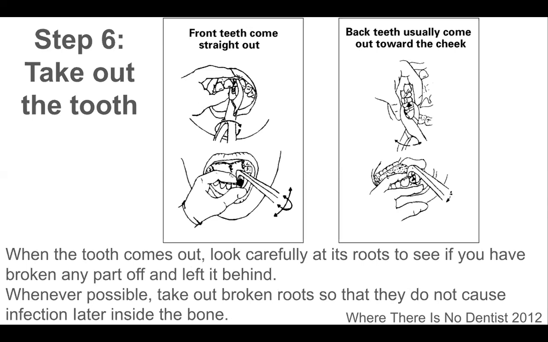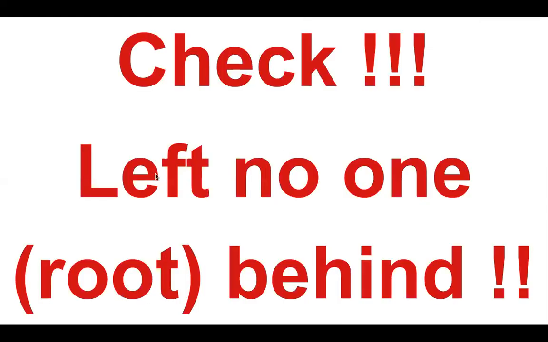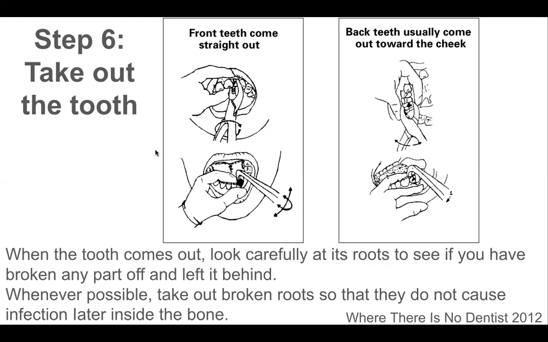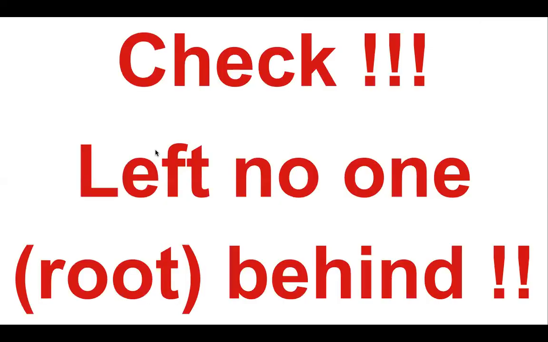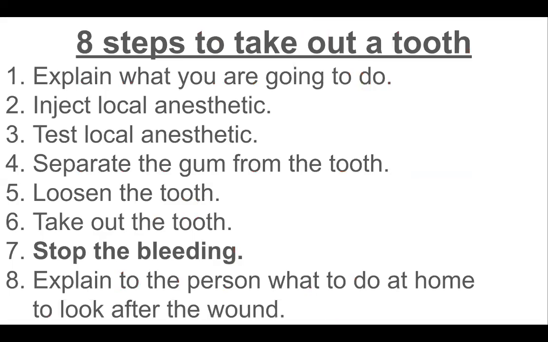So when the tooth comes up, look carefully at its roots to see if you have broken any part or left any roots behind. When possible, take out broken roots so that they do not cause infection later inside the bone. And to check, remember not to leave any root behind.